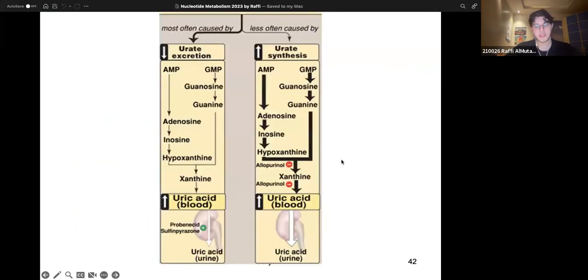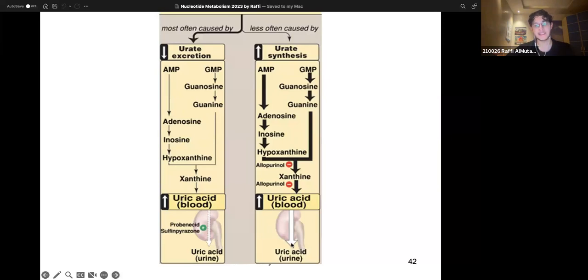Now, this is the picture I want to show you. Allopurinol acts on this part right here. Let's say we have too much uric acid being synthesized, due to overproduction. This isn't as common, but this is what we want to show. We have this enzyme called xanthine oxidase, which will make this uric acid.